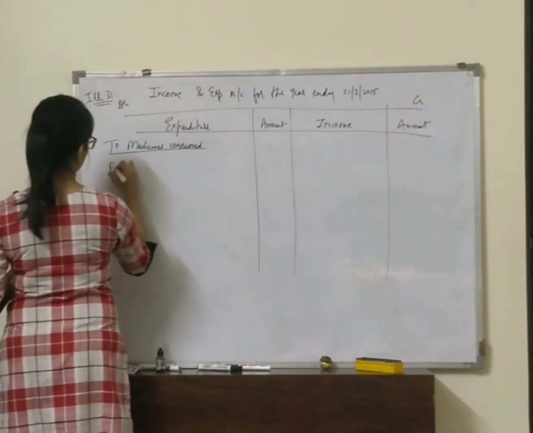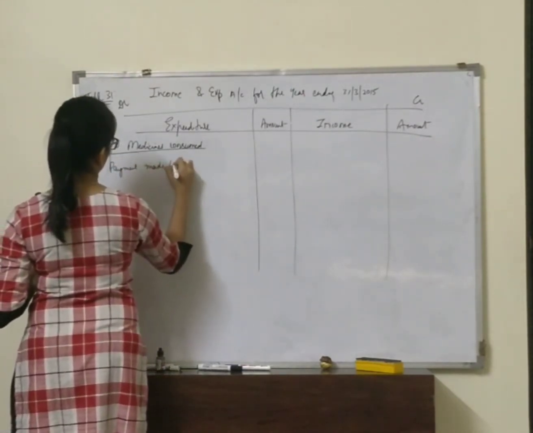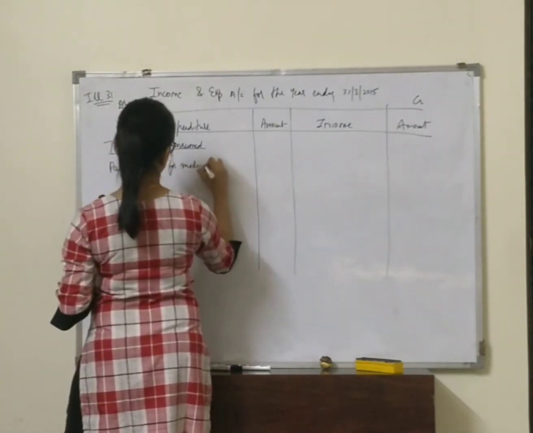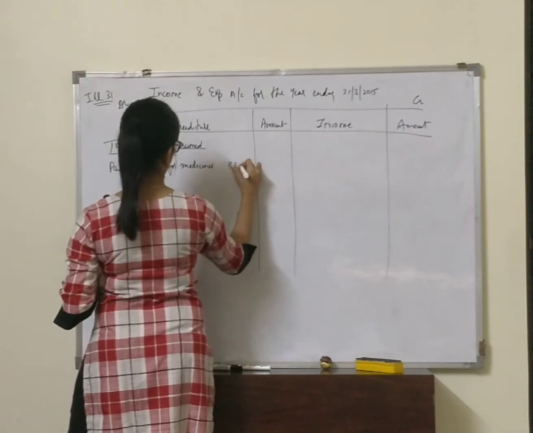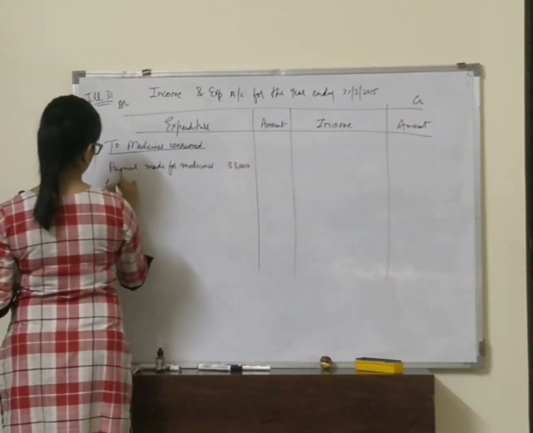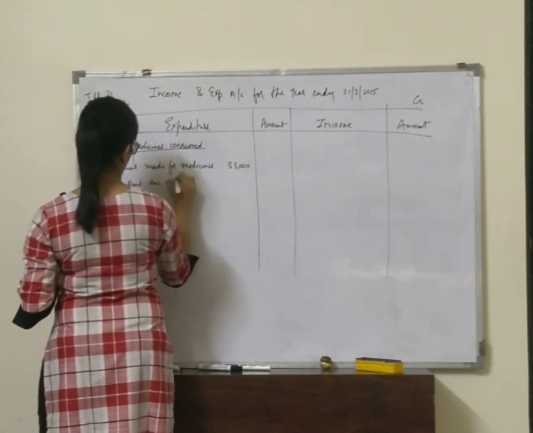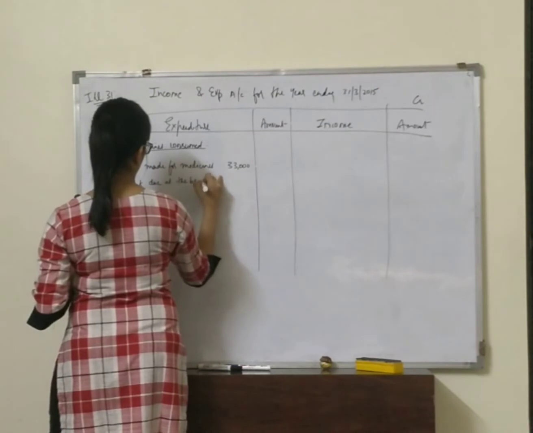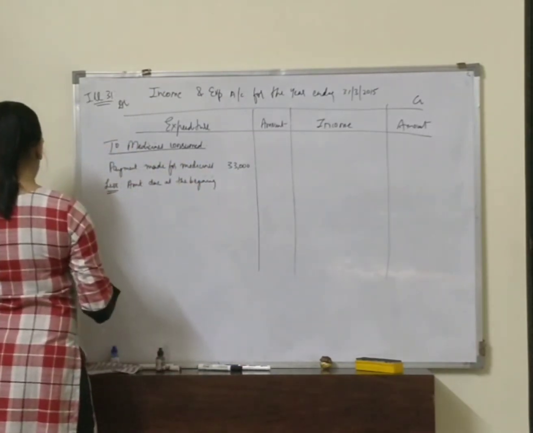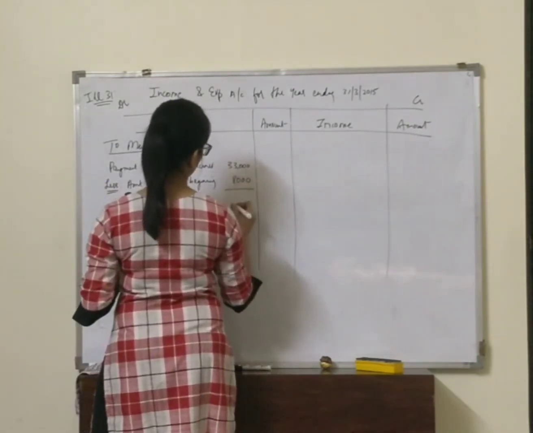They have given us payment made for medicines 33,000. Then we need to deduct amount due at the beginning. What is the amount due at the beginning? In the additional information they have given us 8,000.